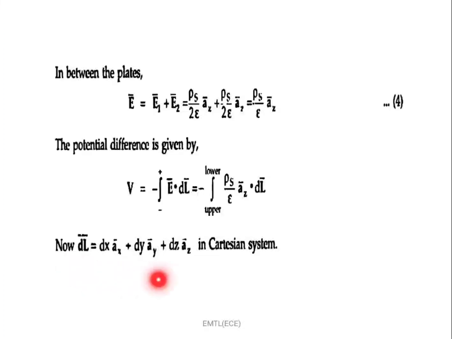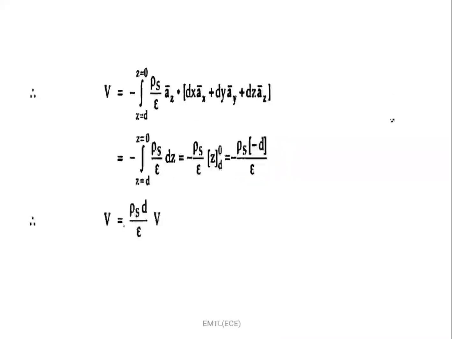Now substitute this value in this equation. V is equal to, the upper limit is z is equal to d and the lower limit is z is equal to 0, rho s by epsilon Az bar. Now substitute here the dl value, that is dx ax bar plus dy ay bar plus dz az bar.